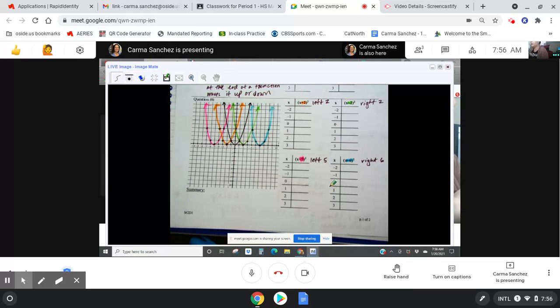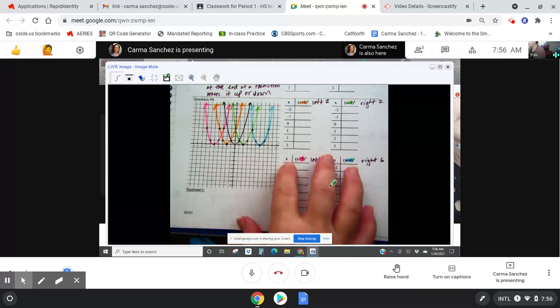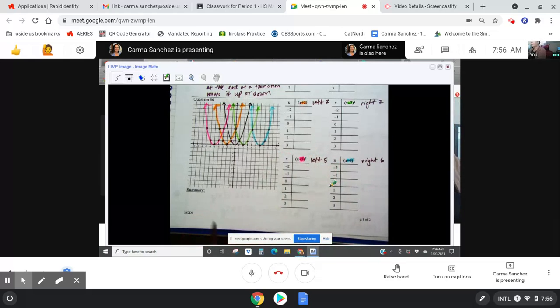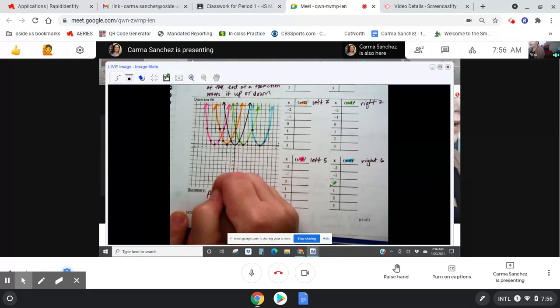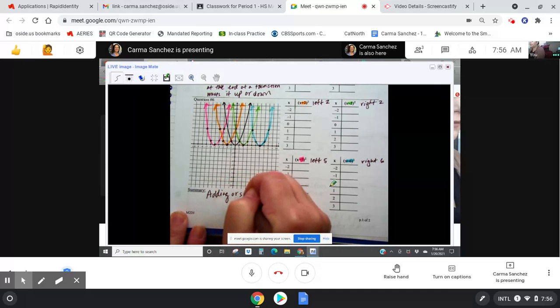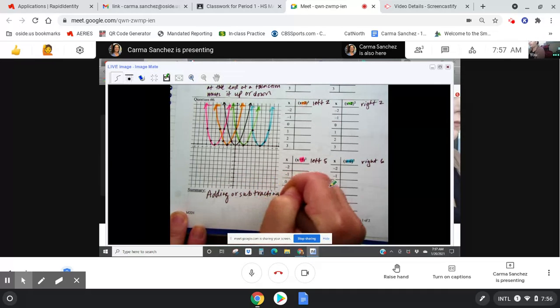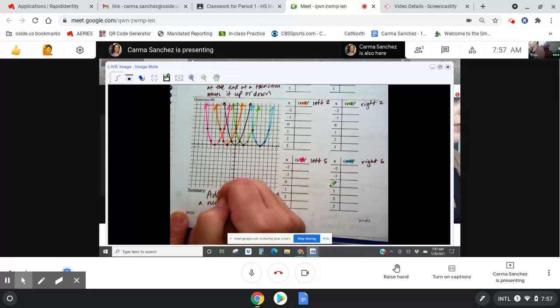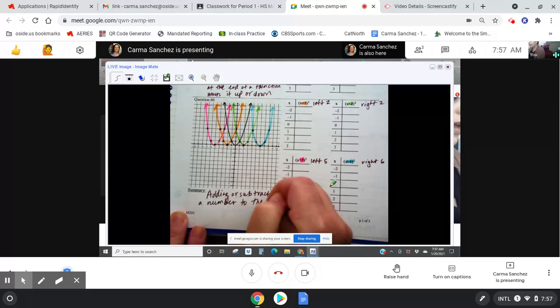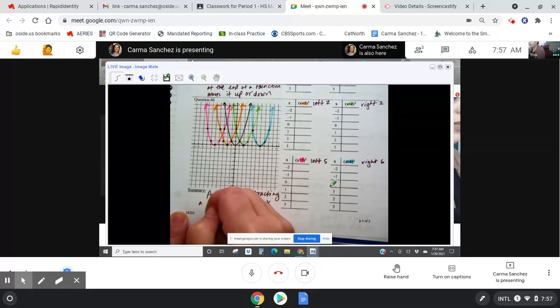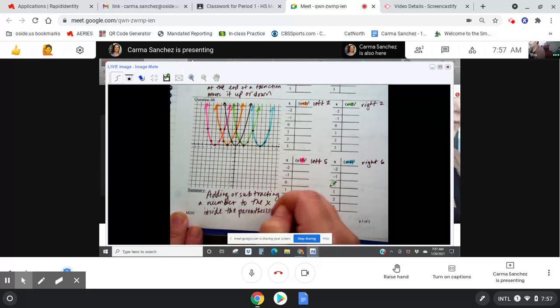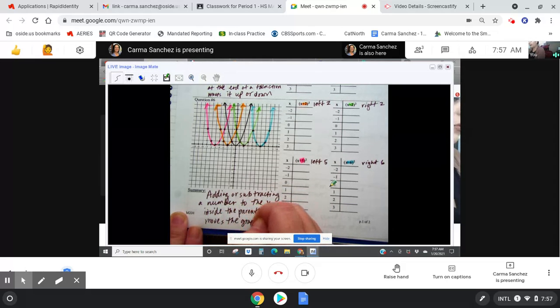All right. So these down here, to summarize, adding or subtracting a number to the x inside the parentheses moves the graph right or left.